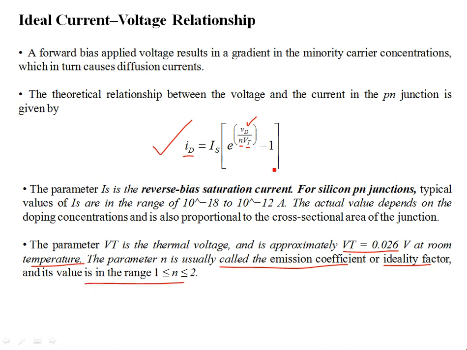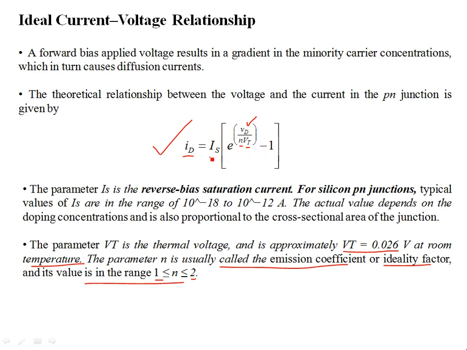What this factor does is it's modeling the effect of recombination of charges in the space charge region or in the depletion region. If there is more recombination, then there is less current, so the ideality factor increases to at most 2. But if there is less recombination, there's more current, then it's close to 1. For the sake of simplicity, we can keep it to 1 for now.